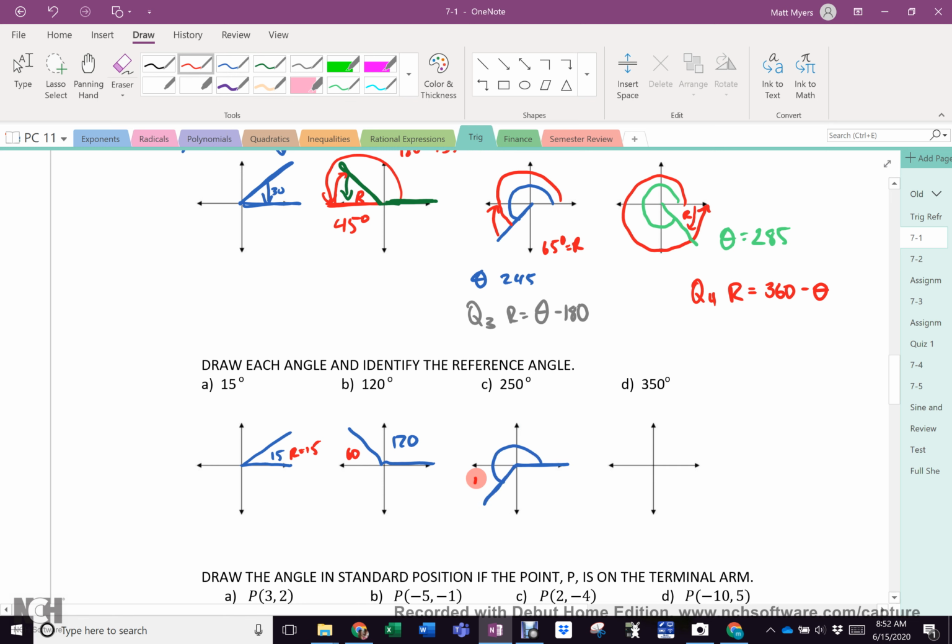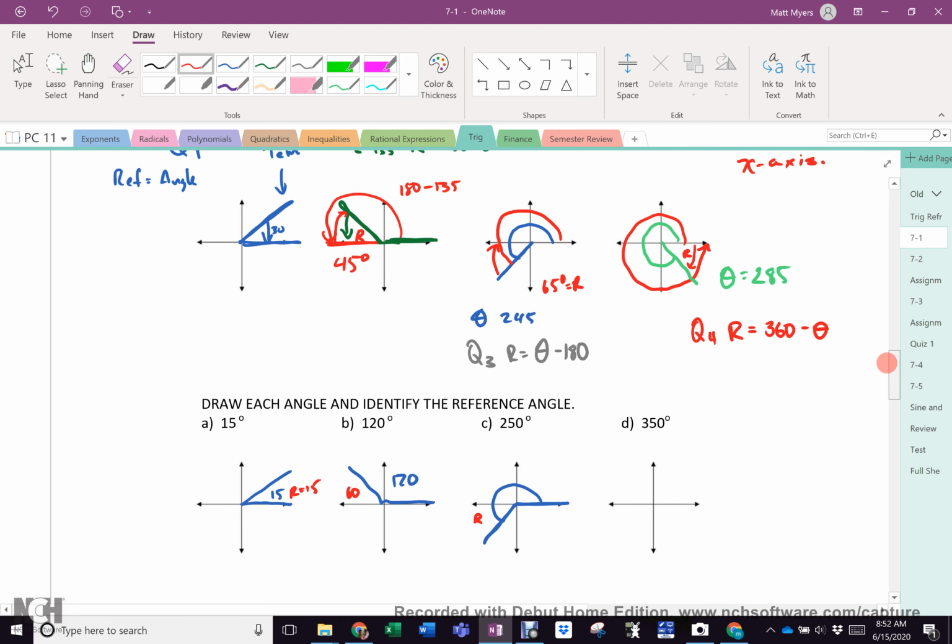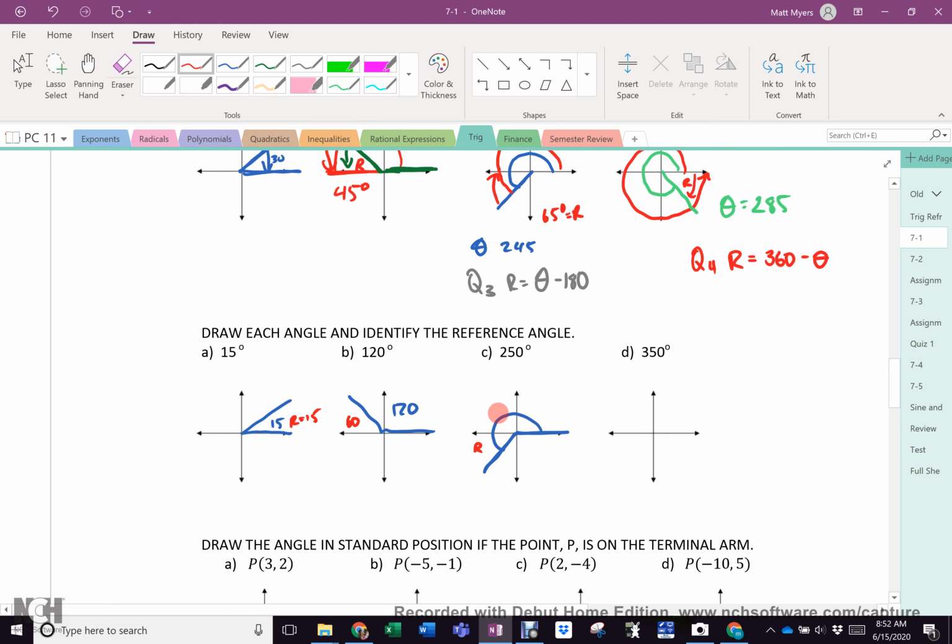Our reference is right in here, and that's 180. 250 minus the 180, so our reference is 70. And 350, we come all the way around to here. Our reference is right there, so this is 10.